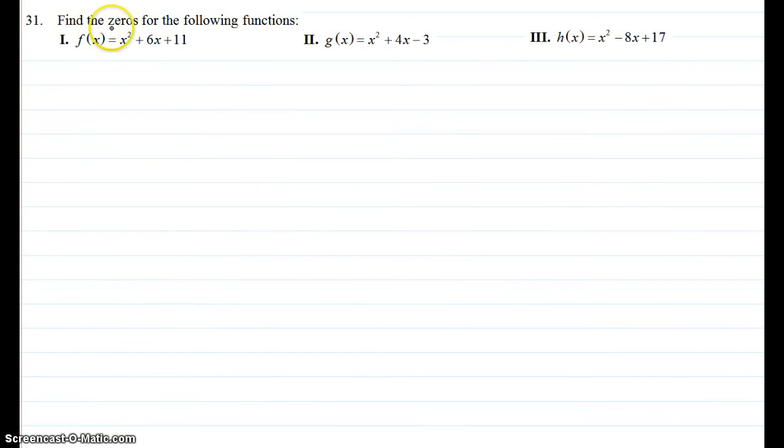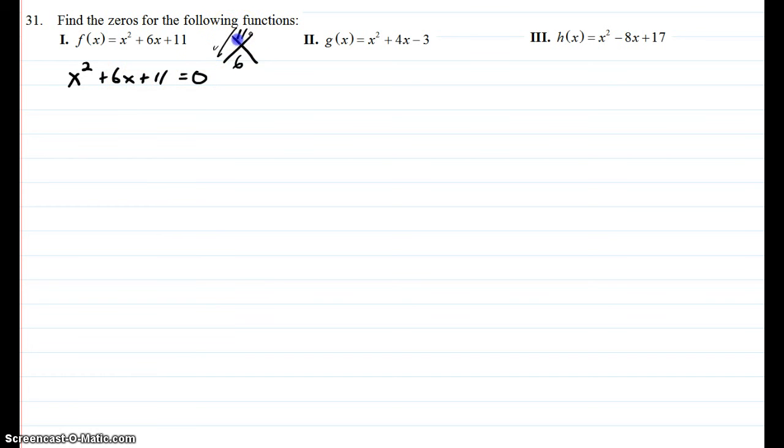Alright, 31, find the zeros for the following functions. So let's go ahead and write this as x squared plus 6x plus 11 equals 0. And so if you want, you could try to factor it, try to figure out what numbers multiply to 11 but add to 6. And since 11's prime, you're not going to be able to get 11 and 1 to add to 6, so you can't factor it.